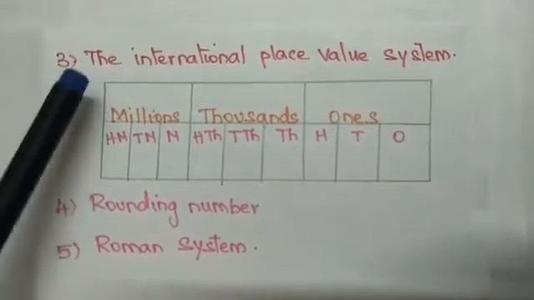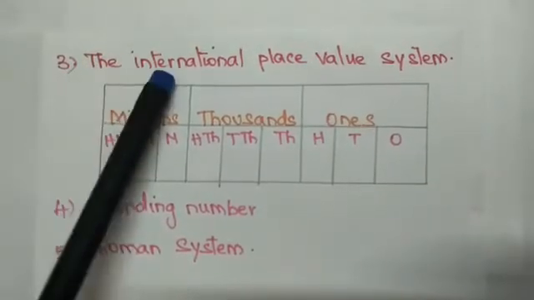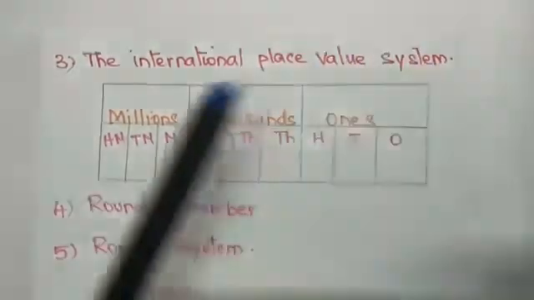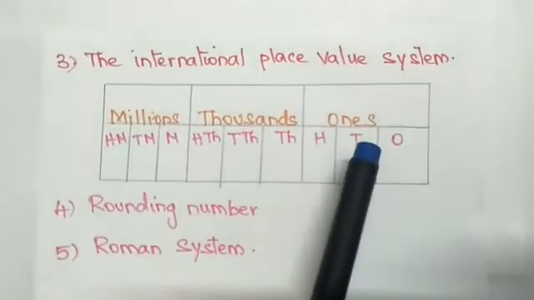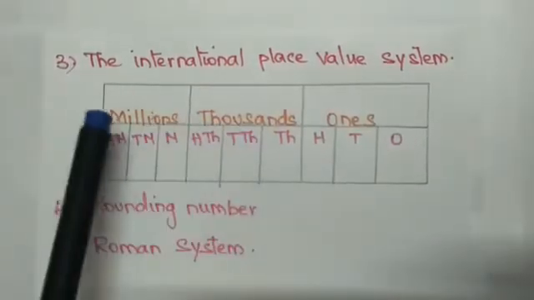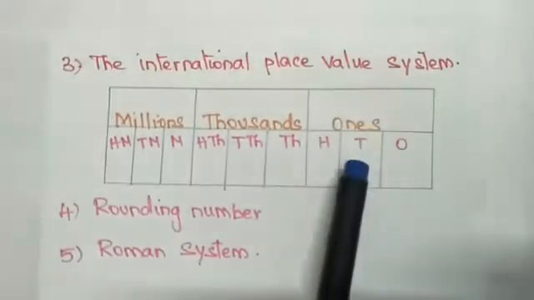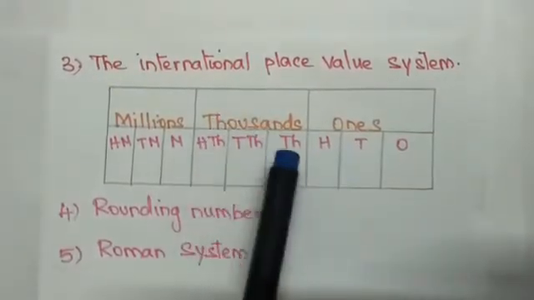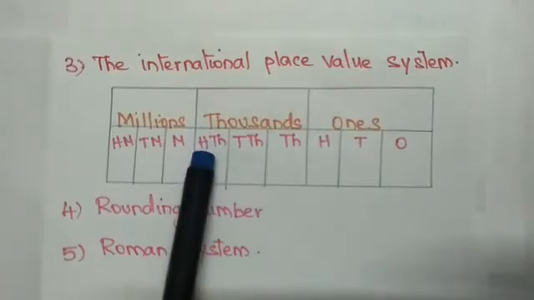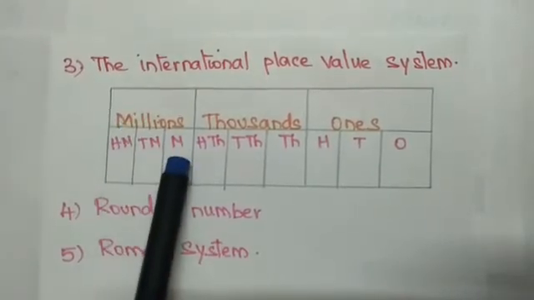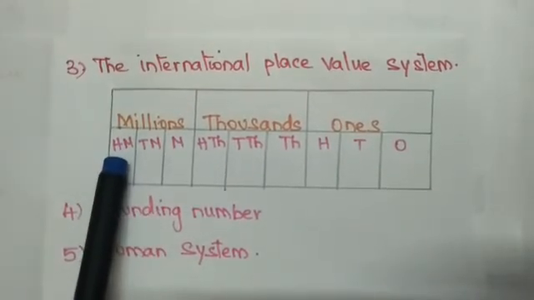Now in that same topic we have learnt the international place value system. Here we have 3 divisions which are ones, thousands and millions. In each one we have 3 groups. Ones, tens, hundreds. In thousands, 1,000, 10,000, 100,000. In millions, millions, 10 millions, 100 millions.